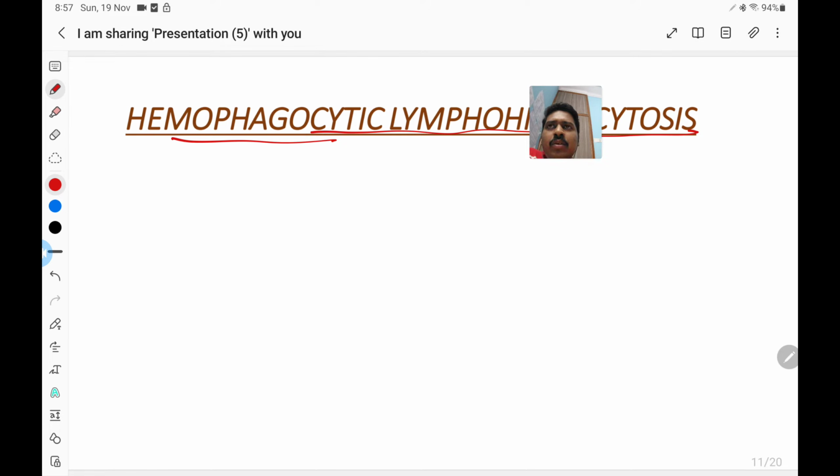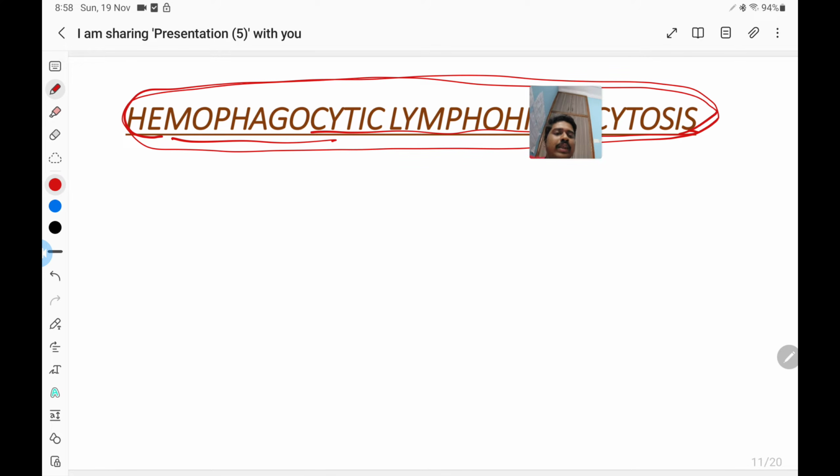When I was studying for my MBBS and UG studies, I had read this in Robbins' pathology textbook, and I had not given much thought to it. But now when I practice clinically, I realize the importance of diagnosing HLH. This is because HLH is a syndrome which needs to be diagnosed immediately, or else undiagnosed cases have high mortality.